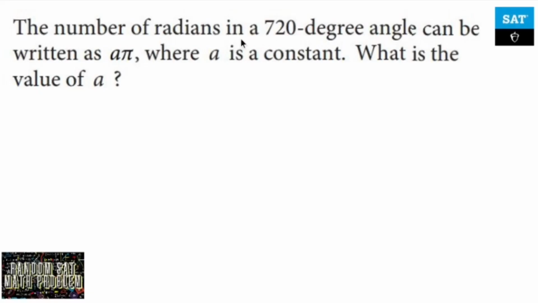The number of radians in a 720-degree angle can be written as a pi, where a is a constant. All right, what is the value of a? So we're used to measuring angles using degrees, but radians is also another thing that we can use. 180 degrees is the exact same thing as pi radians.